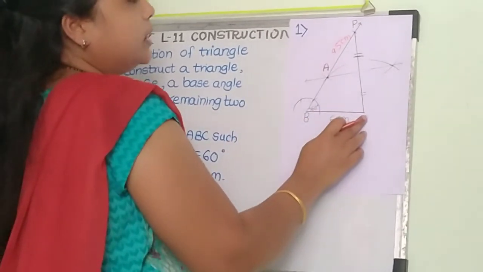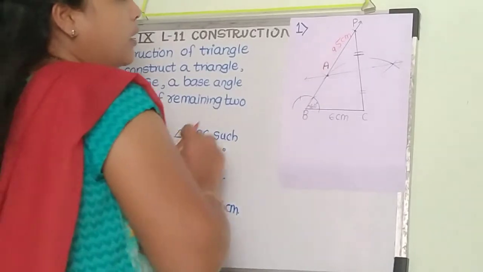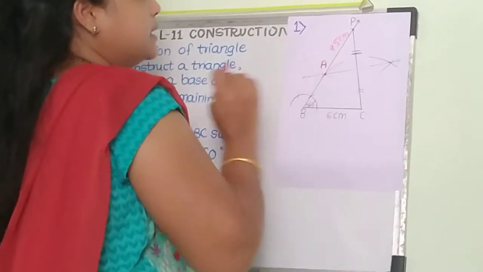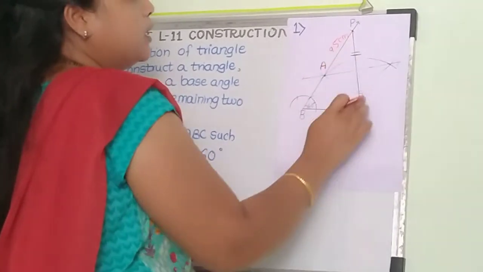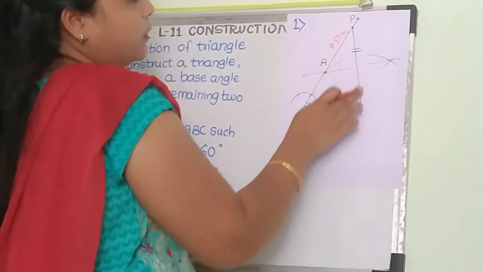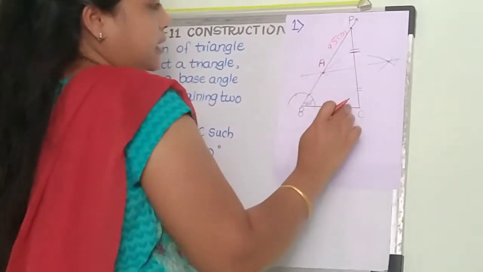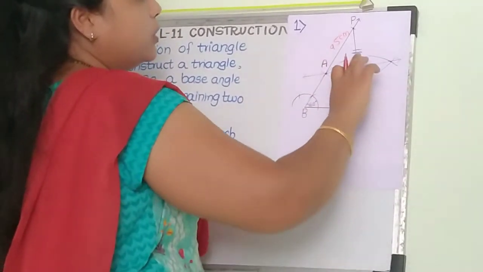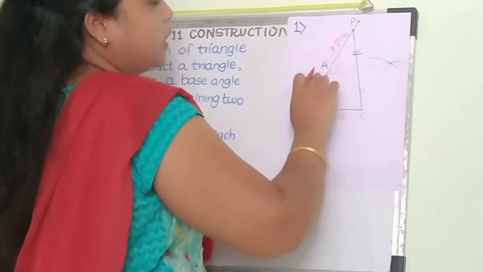Then I join P and C. After that we have to draw the perpendicular bisector of PC. For the perpendicular bisector we take more than half in our compass and mark the arc on both sides.